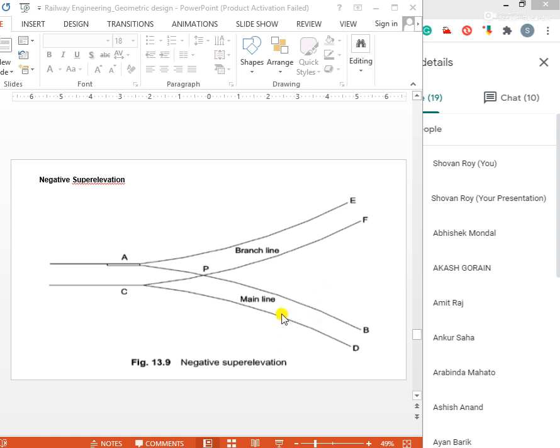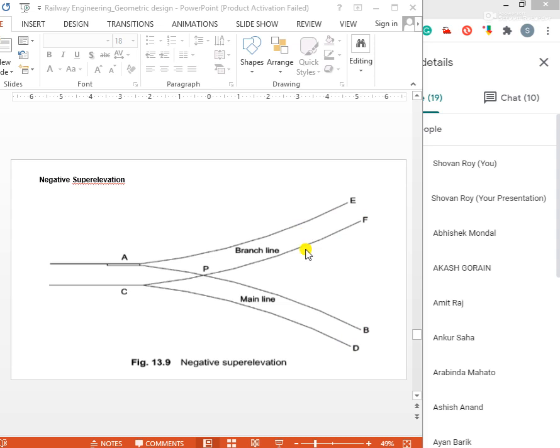In that case the branch line curve has a negative super elevation, and therefore speeds on both tracks must be restricted, particularly on the branch line.